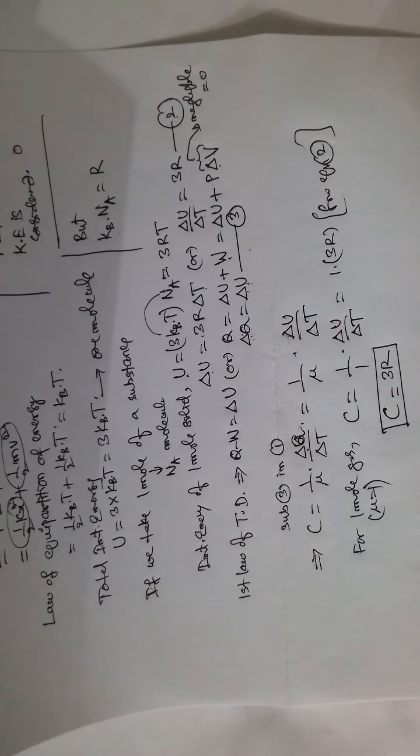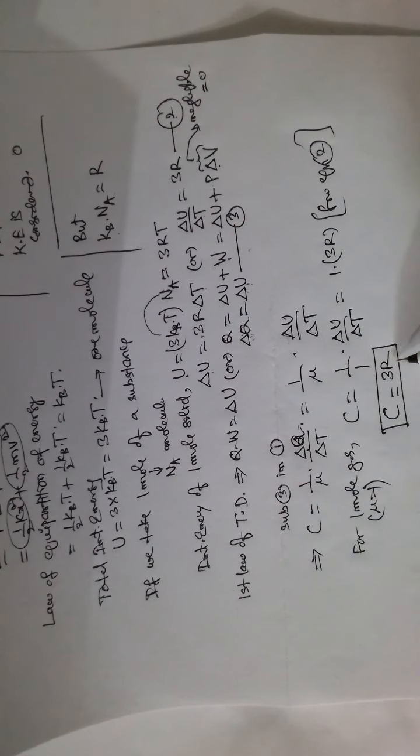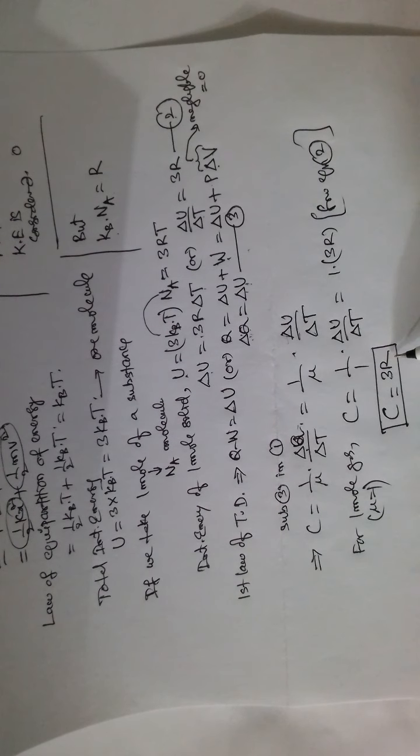It is very strange. R is the universal gas constant, and 3 is a constant. So the solid can be a copper block, aluminum block, brass block, different substances.